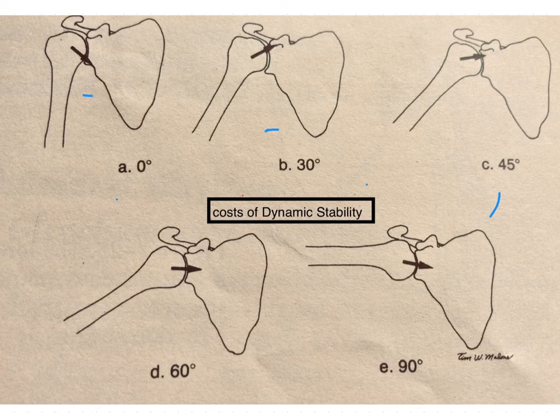Weakened horizontal steerers lead to dislocation of the glenohumeral joint. These are all about the cause of dynamic stability. So if the equilibrium factors are not maintained, subluxation and dislocation may occur.